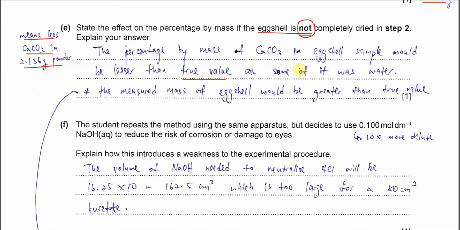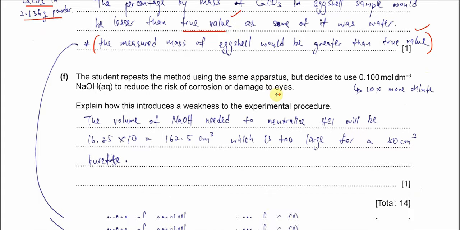So this is the standard answer. If you are looking at the answer, why does the mark scheme give this statement? You want to figure out what this statement is about. See, the measured mass of eggshell would be greater than the true value. So what is the true value here? Let me give you one example.